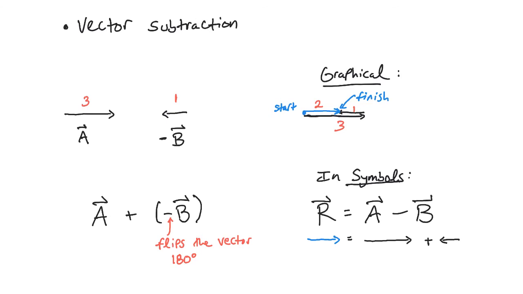All right, so I've drawn it out over here at the bottom. You typically don't do something like this, but it's instructive, I guess. So the resultant vector R is now being shown to be vector A plus minus vector B, where we flipped vector B 180 degrees, and you can see how that turns into this vector here. So we get a final magnitude of 2. Now again, watch out. We're seeing, hey look, 3 minus 1 is equal to 2.